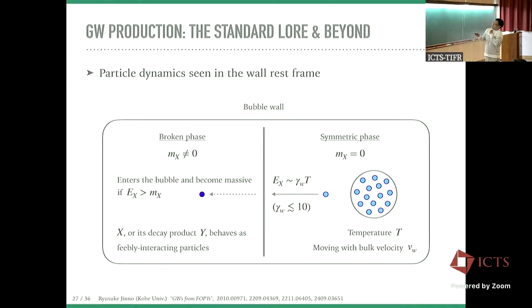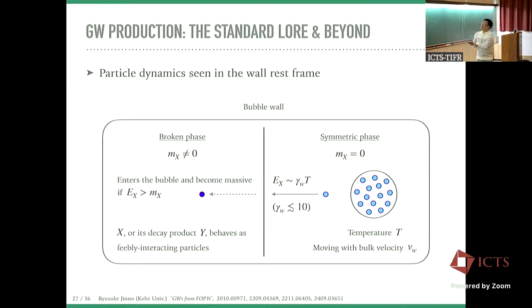Suppose this is the bubble wall. And in the symmetric phase, we have massless X particles, which form temperature T and move with bulk velocity v_w, because we are now in the bubble wall rest frame. These particles impinge onto the wall with typical energy of the gamma factor times the temperature. After entering the wall, this particle becomes massive.